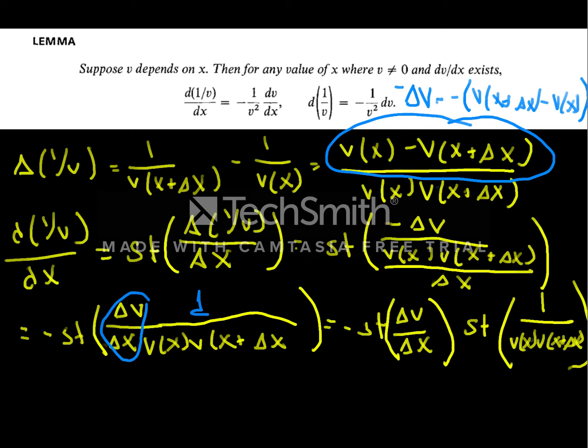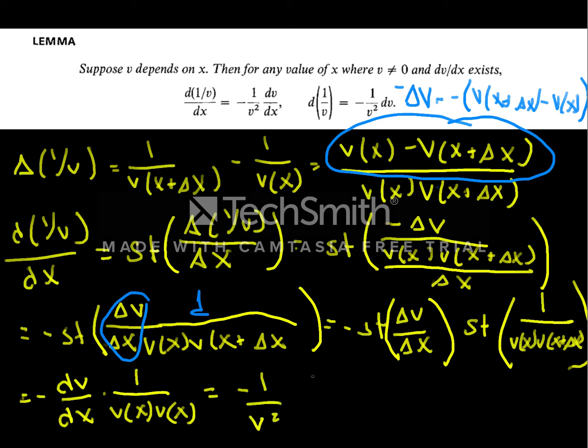And if I slide my standard part into the function here, x is real, delta x is infinitesimal, so I end up with that this is equal to negative derivative of v with respect to x times 1 over v of x times v of x, which is much more natural to write this way, negative 1 over v squared dv dx.